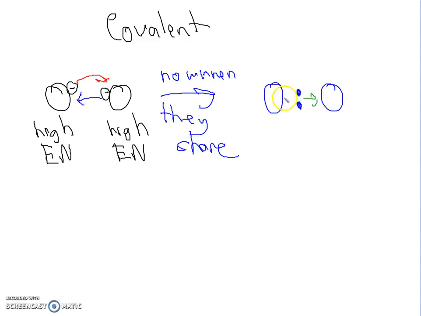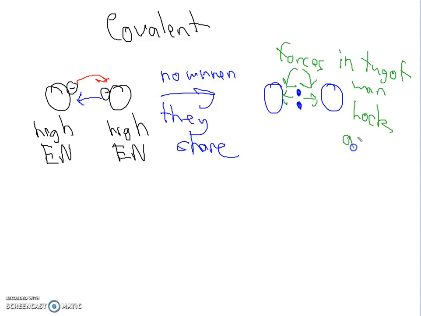So this is a pole, this is a pole, okay, and so the forces in, let's call it tug of war, in tug of war lock atoms together. So you can imagine it's like you and your sister fighting over the remote control. If you're both grabbing it really hard, then if you walk away, she's going to have to go with you because you're connected by those electrons, or the remote control, as it were.